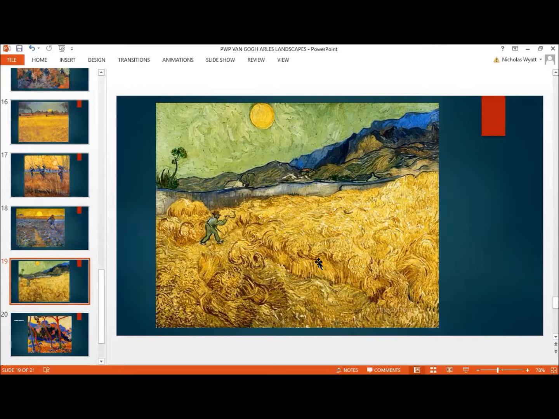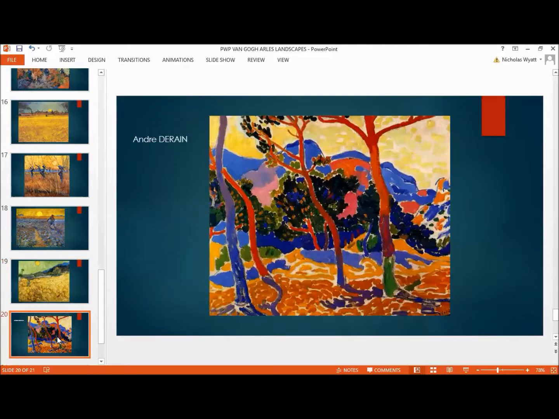And his paintings came to the attention of a new generation of artists, in particular the German expressionists working in Germany at the time, in the early 20th century, in the early 1900s, and also to the French school of painting, the new French painters, the likes of Henri Matisse and André Derain.